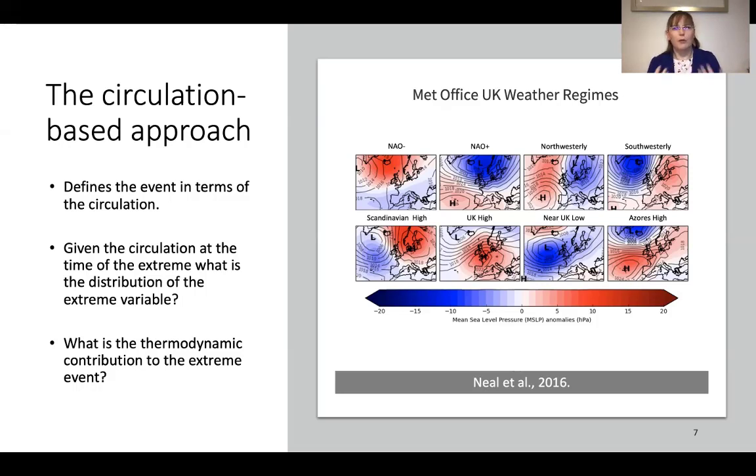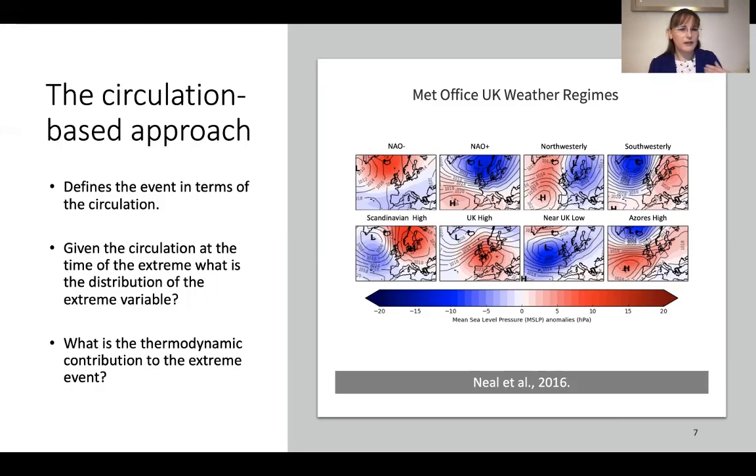So what we might do is take well-known patterns of different kinds of weather regimes. Here I've shown some examples for over the UK. These are standard Met Office UK weather regime patterns that can be used.